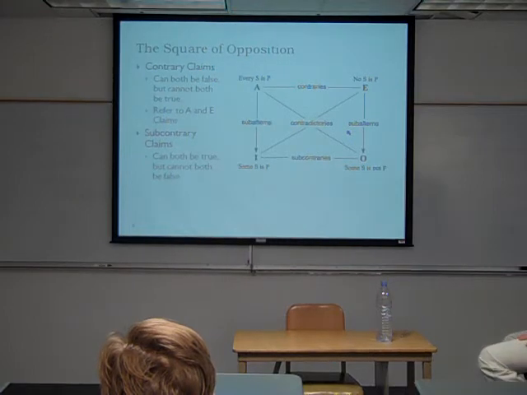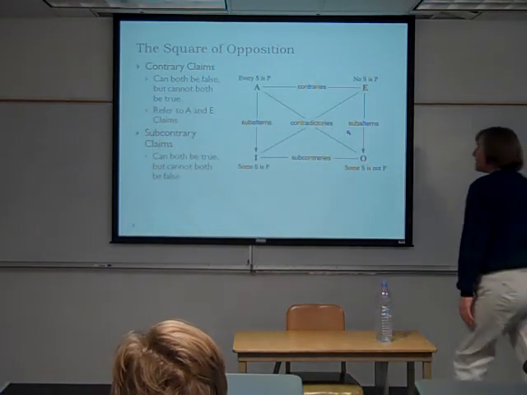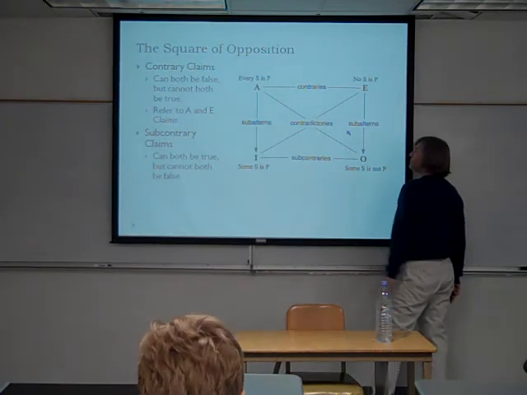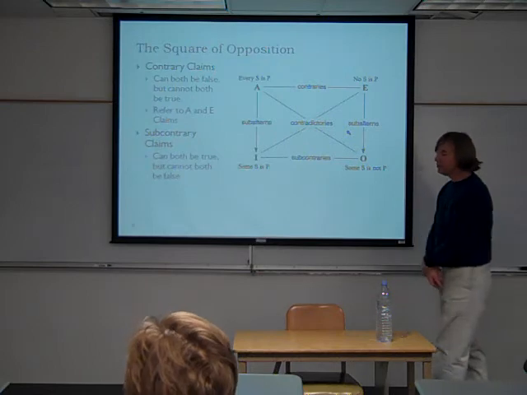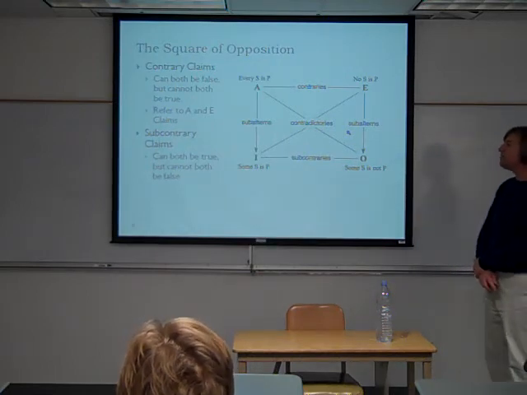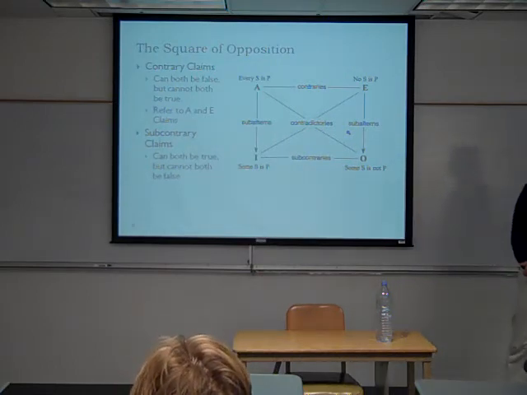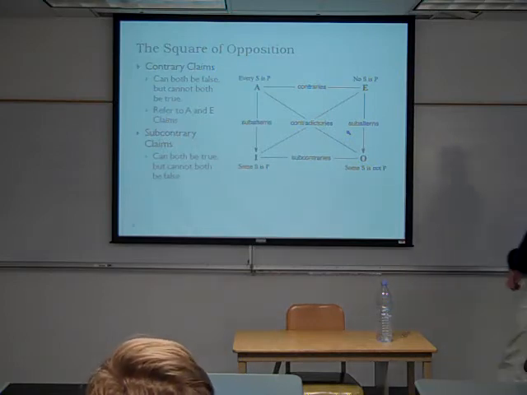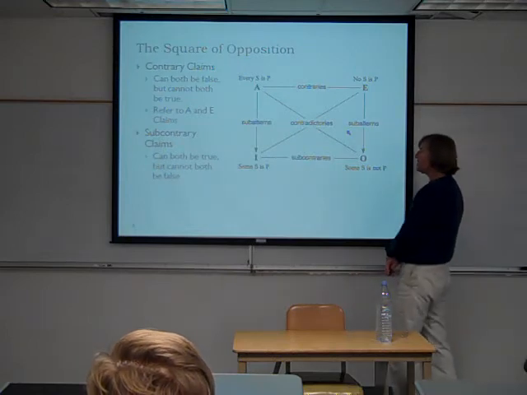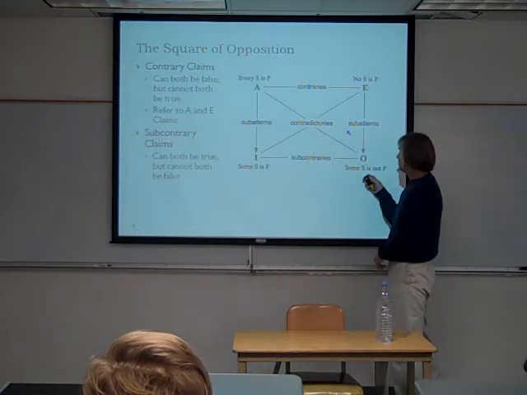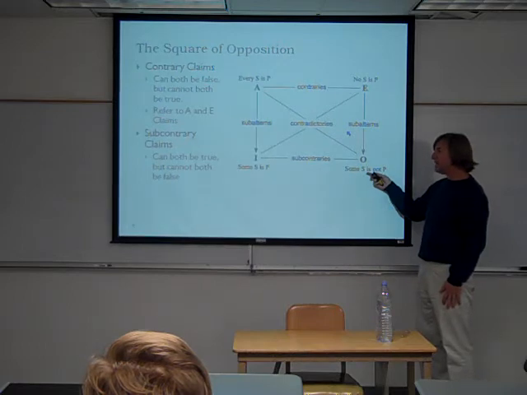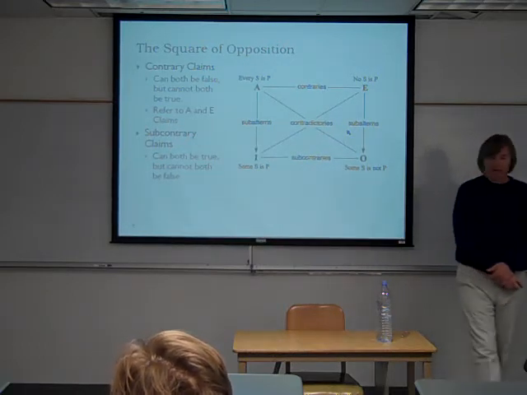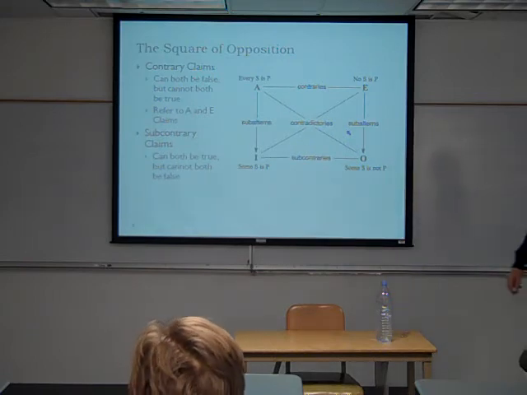So how about subcontrary claims? These are the ones on the bottom. Some S is P, some S is not P. Now, what is the logical relation between these? These can both be true, but they cannot both be false. If it's false that some S is P, then it cannot be false that some S is not P. That has to be the case.